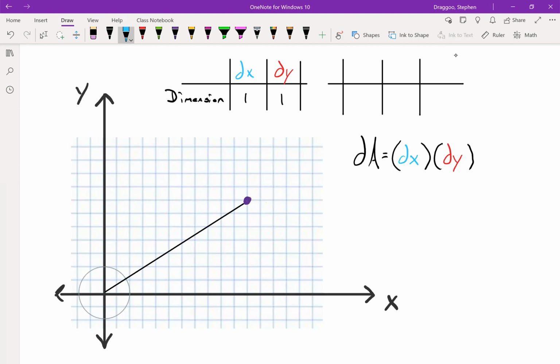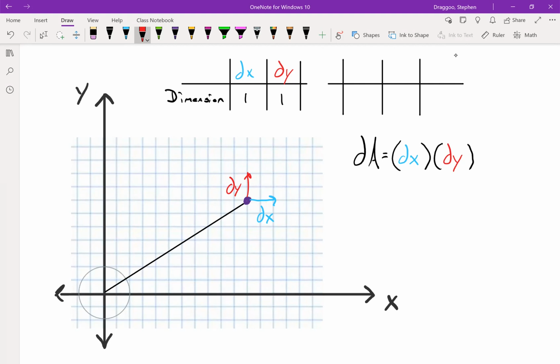It has already made sense to just use dx times dy to talk about dA when we were integrating rectangles. Because if we multiply those two pieces together, we should get just a small change in area rather than just a small change in either direction if we just took dx or dy by itself.